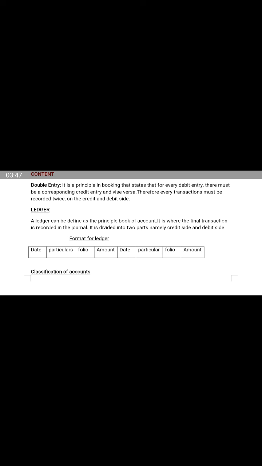Folio means the page number for easy reference, for easy access when you want to use the information. And then the amount for the transaction, the amount of money or cash involved. Now we also have this in the credit side.